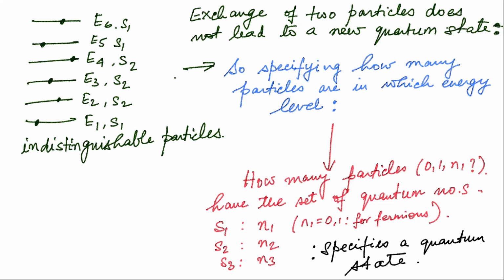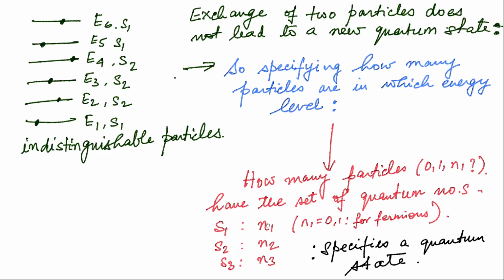Of course, the state has to be specified by a major Hamiltonian H0, and there can be a small perturbation which takes the system from one n particle state to the other. So you would have a different set of n1, n2, n3 particles in different quantum states, S1, S2, S3, right?